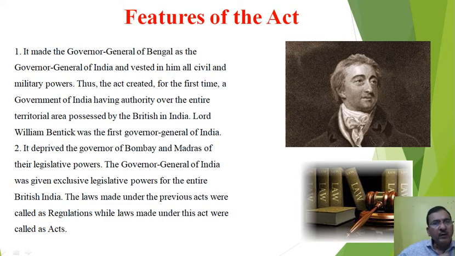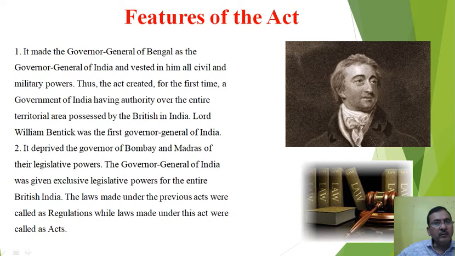But as per the features of this act, the Governor General of Bengal became the Governor General of India. That means the administrative powers of the Governor General of Bengal were elevated to the post of the Governor General of India. And through this act, William Bentinck became the first Governor General of India.